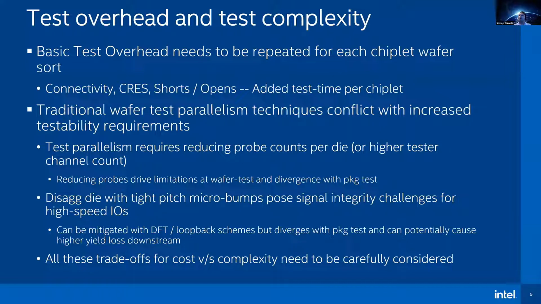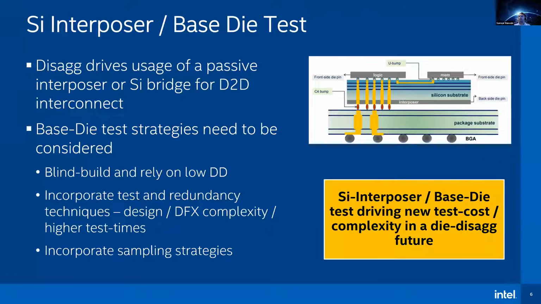So many different trade-offs need to be considered here between cost and complexity across the test space. So then let's talk about something more interesting. In addition to all of these complexities just in wafer test, we also now have yet another vector with the test of the interposer itself, or the base die.